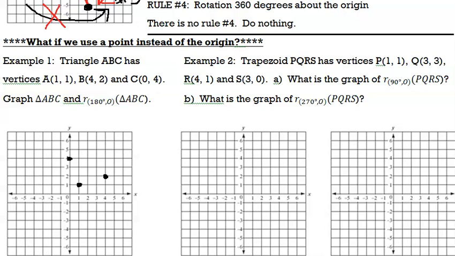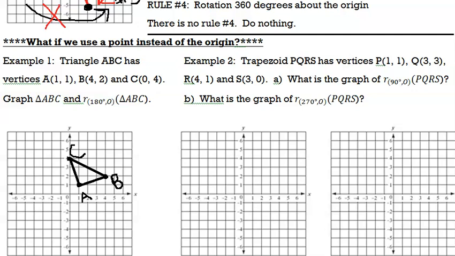So for this next one, we just want to practice what this would look like if we were dealing with not just a point being rotated, but an entire figure. So take a second. If you have to stop the video for a second, you can, but we need to practice what would happen if we took that figure and we rotated it 180.